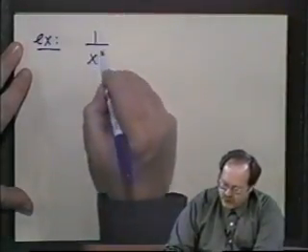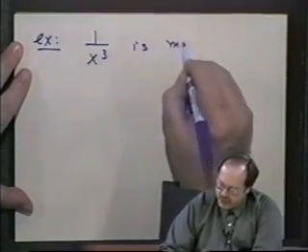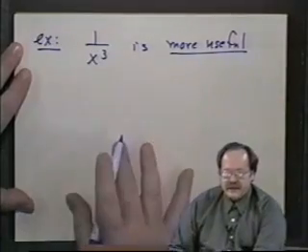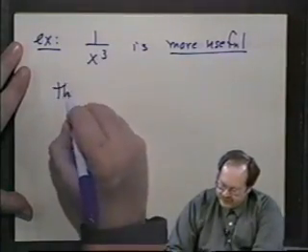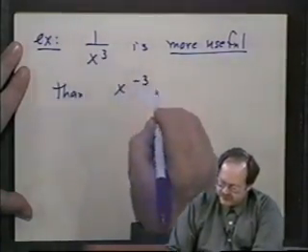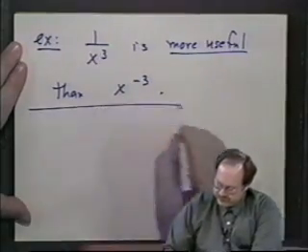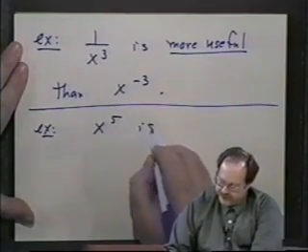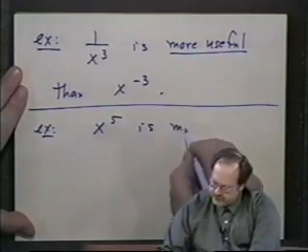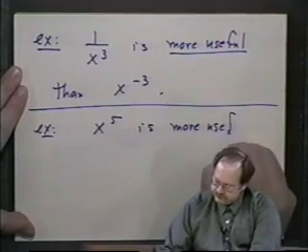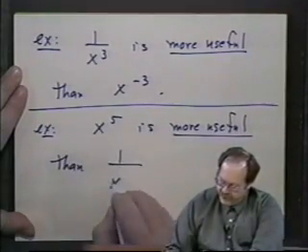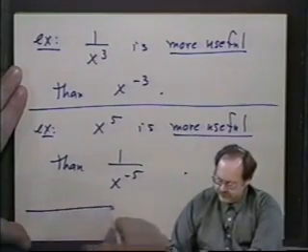And one more thing. 1 over x cubed is more useful in the practice of writing down calculations than x to the minus 3. Similarly, x to the 5th, now you'll believe this one I know, is more useful than 1 over x to the minus 5th.